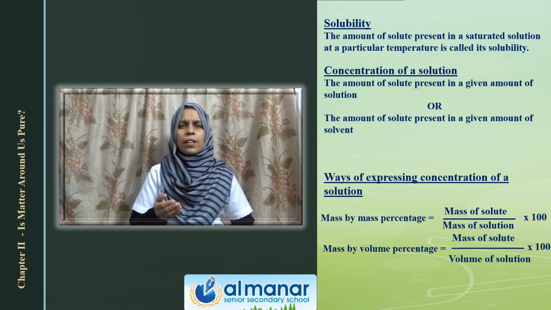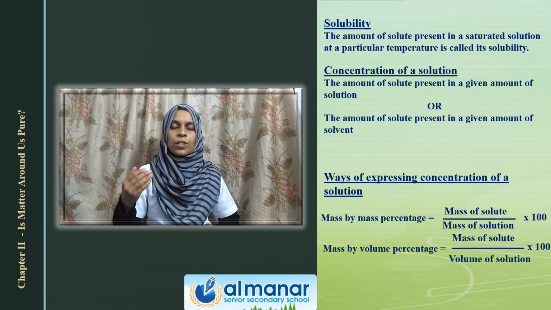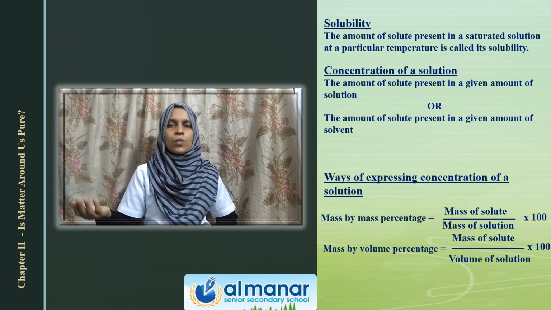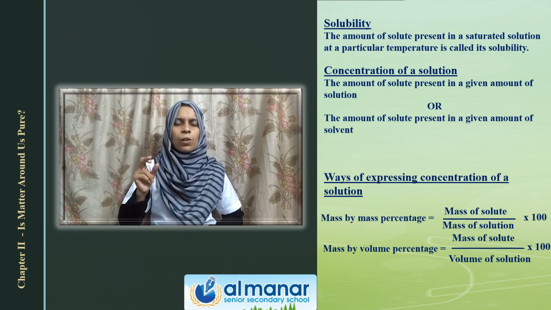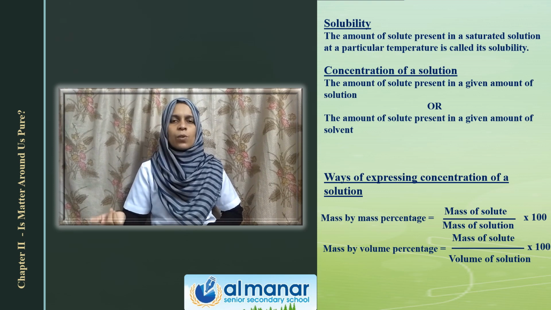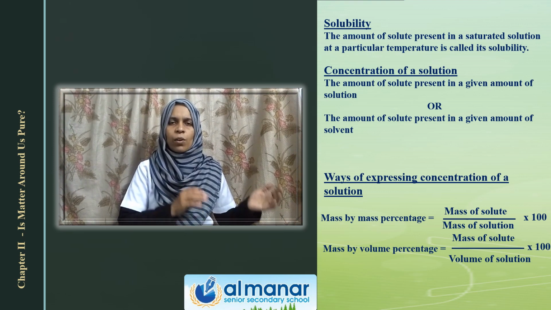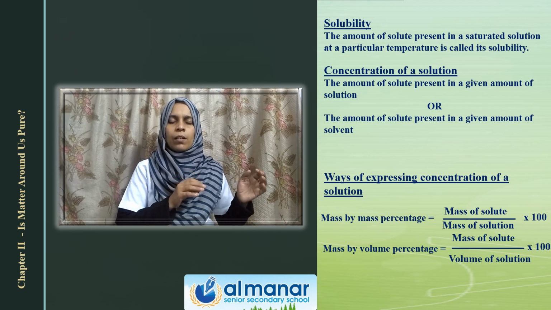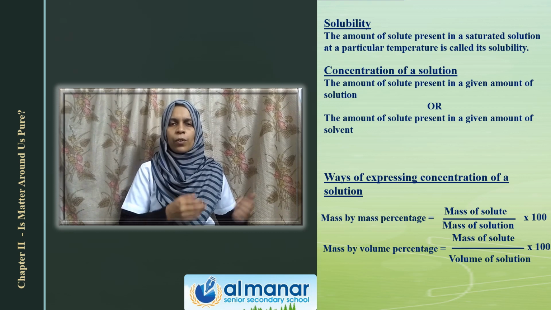Because when we heated the saturated solution, we could see the solution could dissolve more and more solute. For example, at 100 degrees Celsius or at 50 degrees Celsius, the water can dissolve a definite amount of solute, a definite amount of salt or sugar.